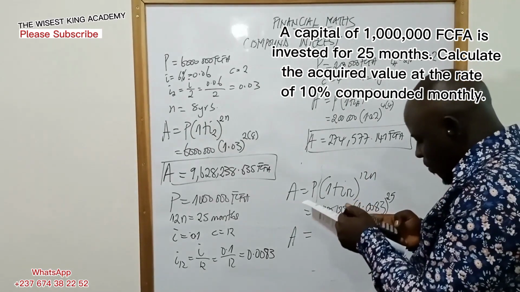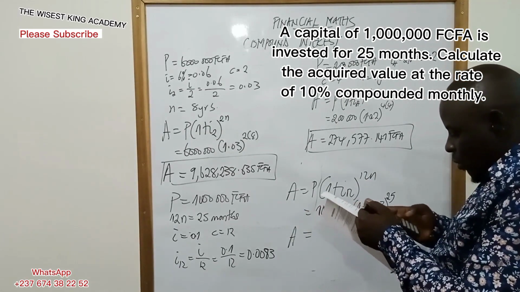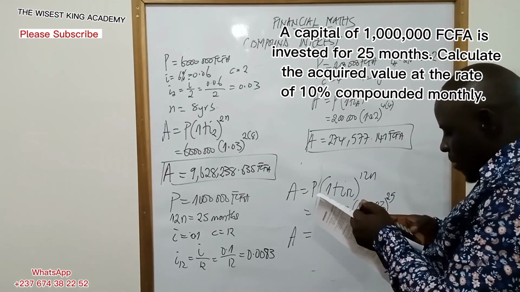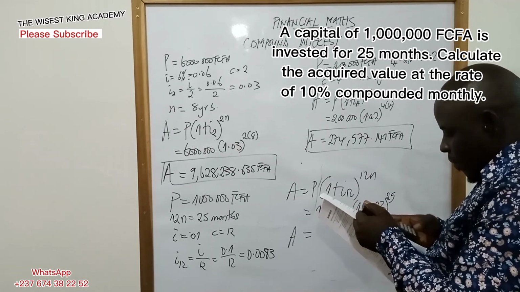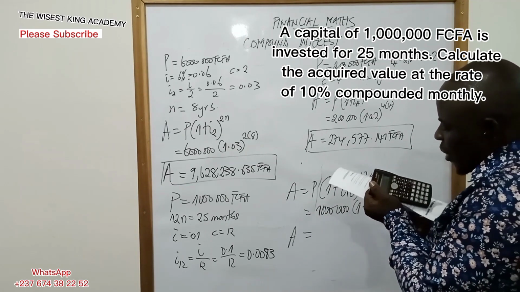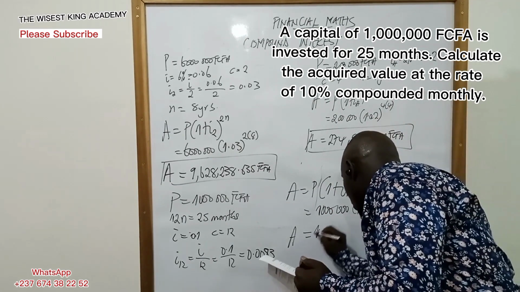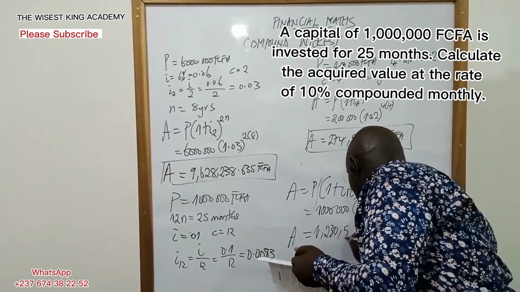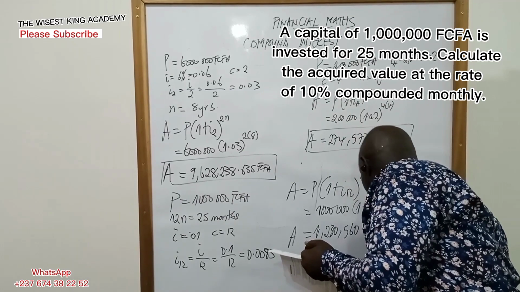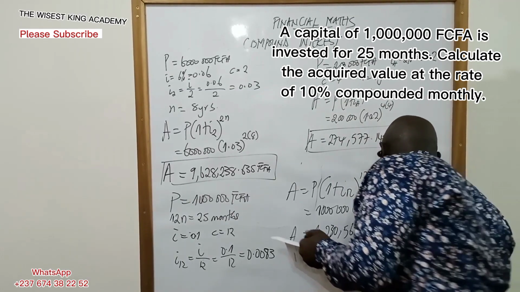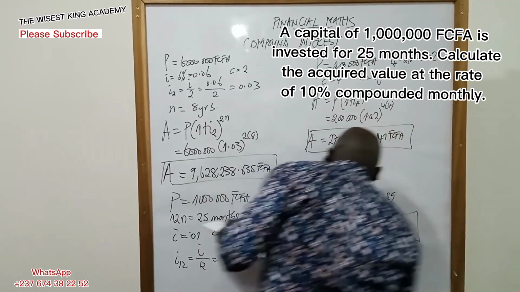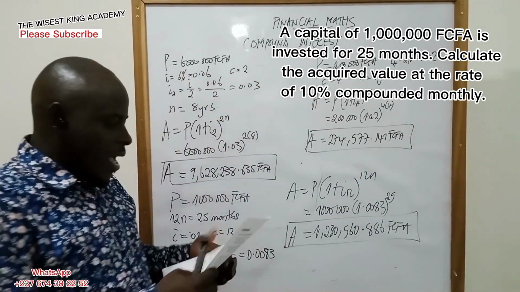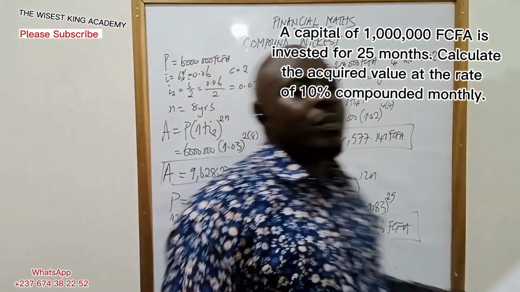If I take 1.0083, raised to the power 25, times 1 million, it gives 1,230,560.886 francs CFA. So that is the acquired value.